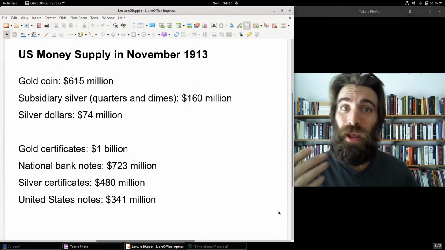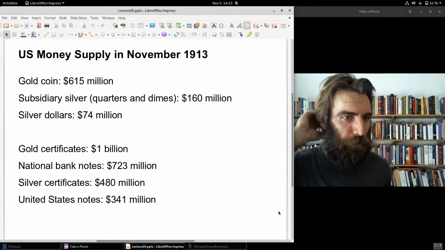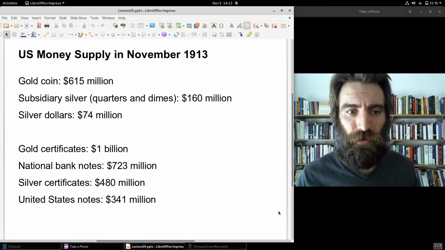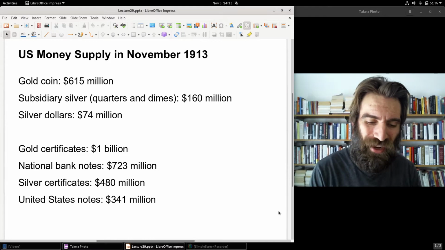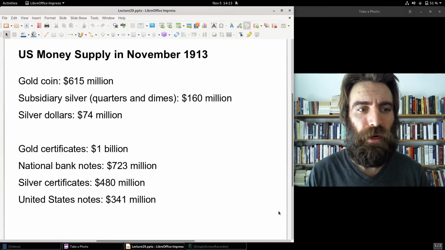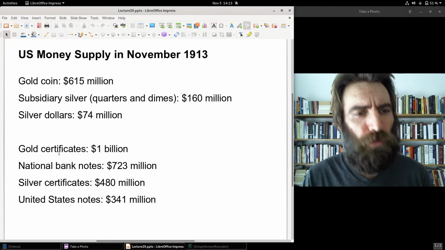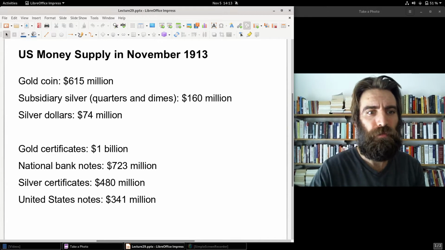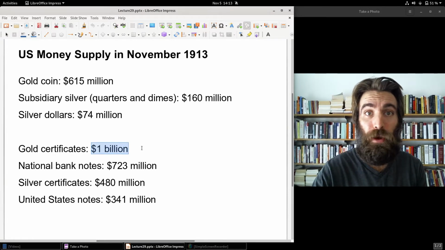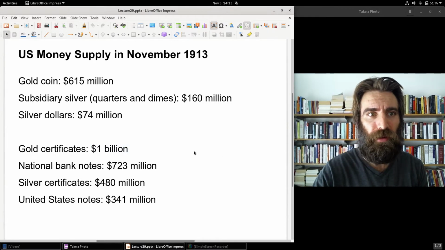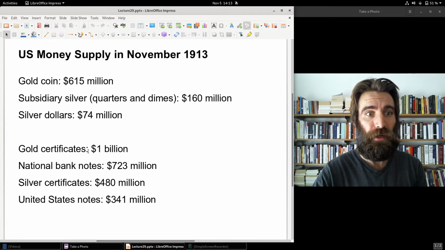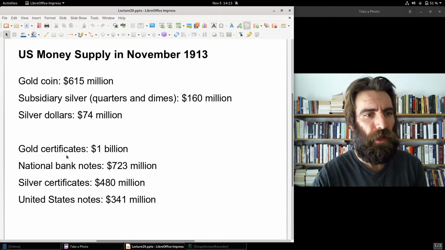All right, and then the paper money. One of the reasons why I'm doing this video is because I haven't touched on these monies. There's not a whole lot to say about them, but it is very interesting. Gold certificates. $1 billion. That's a lot of gold certificates. In fact, that's more than any other currency up here. What's that all about?